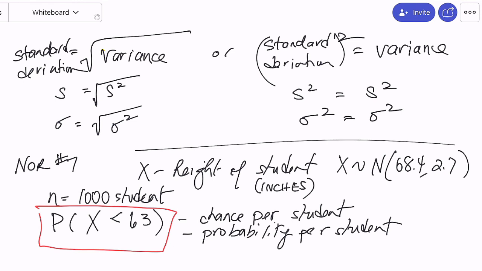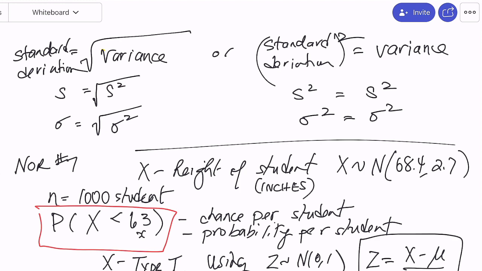This is what I call an X type 1 problem, where I give you the little x here, and you find the probability. Using the standard normal distribution is going to help save a lot of time. So how do I use it? You transform the X into a Z using this relationship.